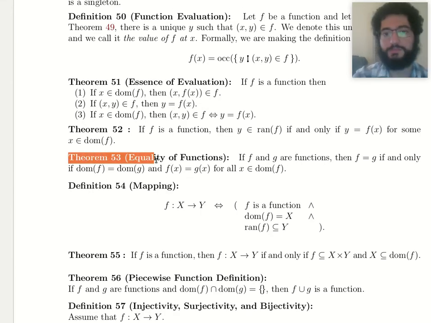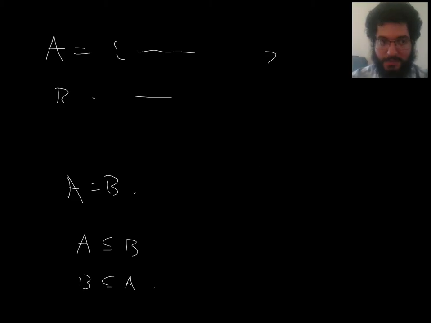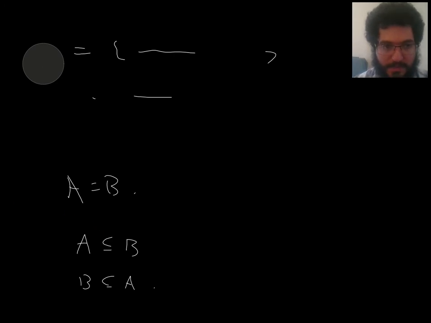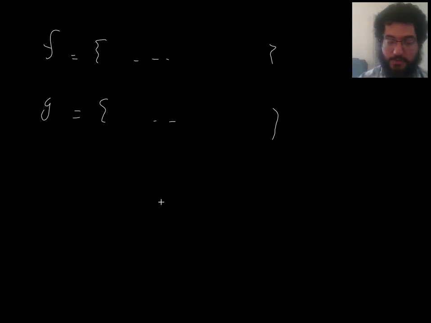Theorem 53 is providing you with an alternative. It's saying sometimes you have this alternative. If these things are functions, so if instead of giving you some random A and B, I gave you f and g, let's call them, which are pretty nice names for functions, and there's still some sets, but suppose you knew they were functions.